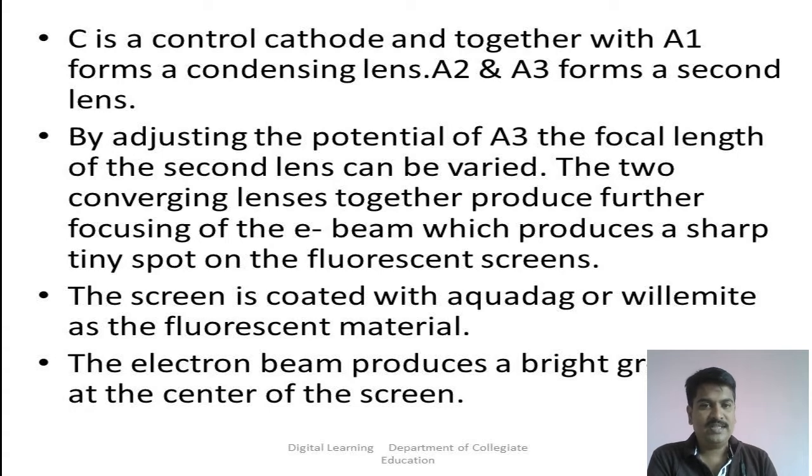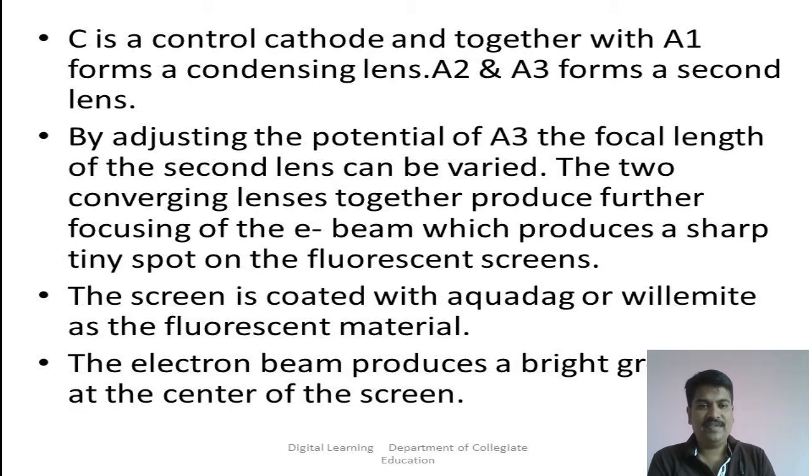Two converging lenses together produce further focusing of the electron beam, which produces a sharp tiny green spot on the fluorescent screen.